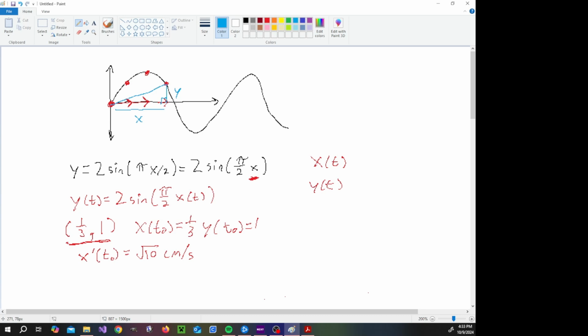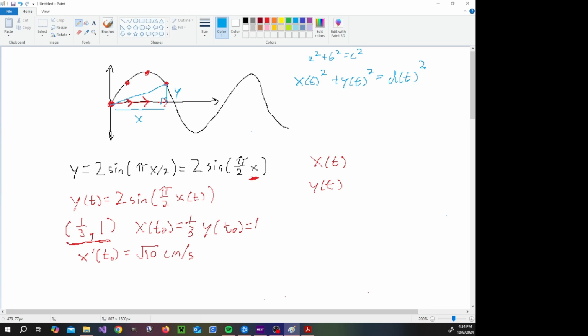So really we have a Pythagorean theorem situation where x of t squared plus y of t squared is equal to d of t squared. Just a squared plus b squared is equal to c squared, but with my functions plugged in here.